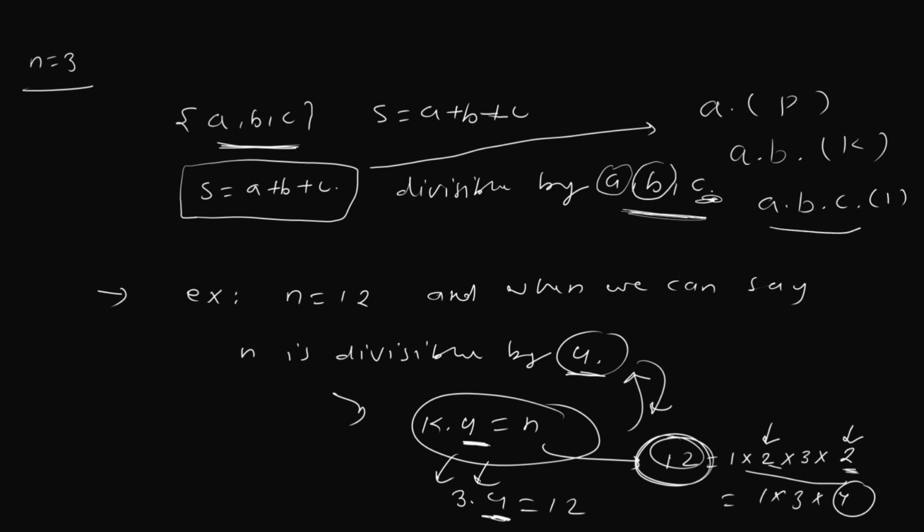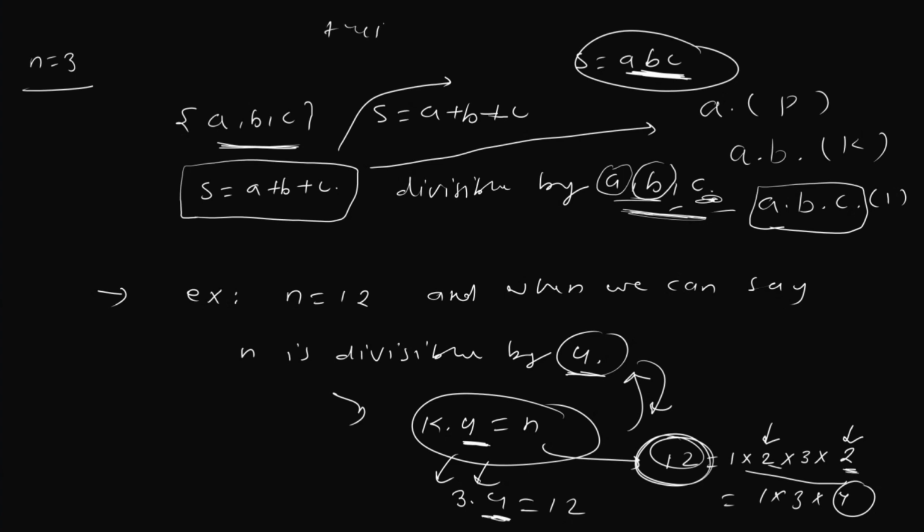So when we have sum equals a, b, c, then it is divisible by a, b, and c. So we are trying to find such values of a, b, and c such that their sum is equal to their product.